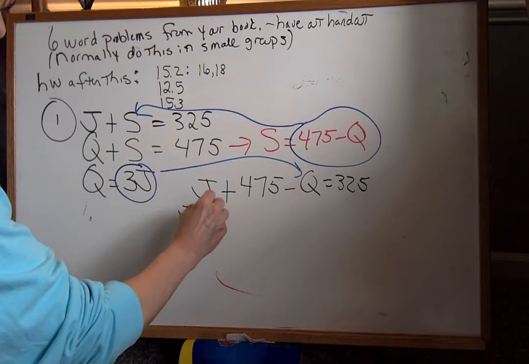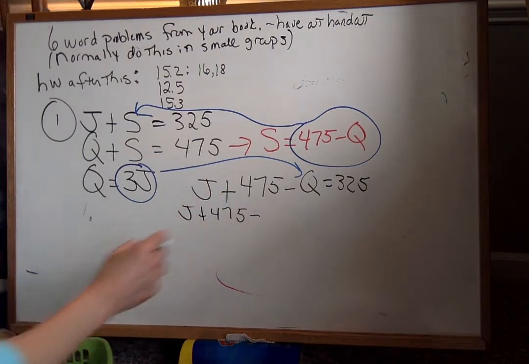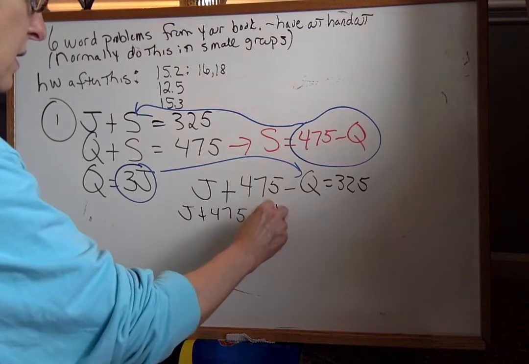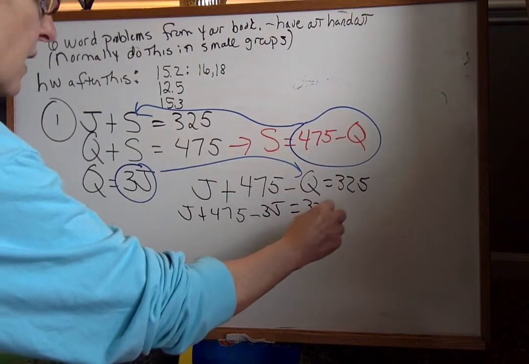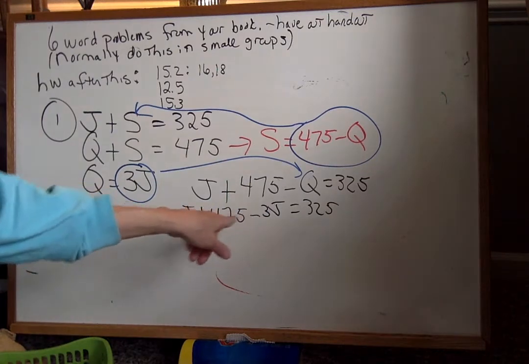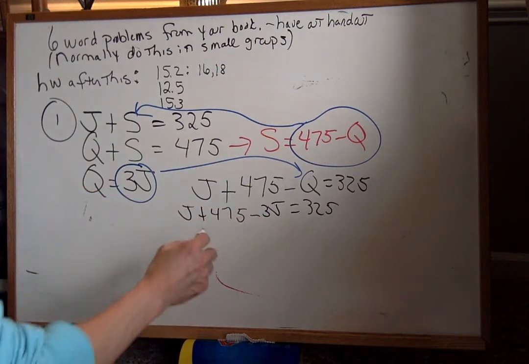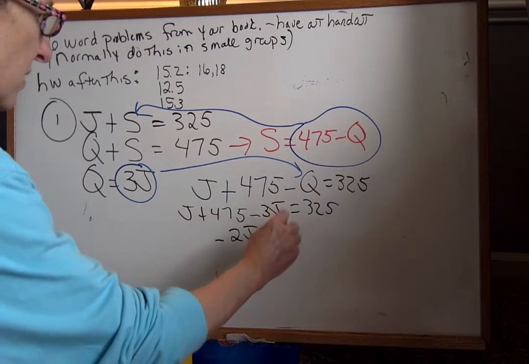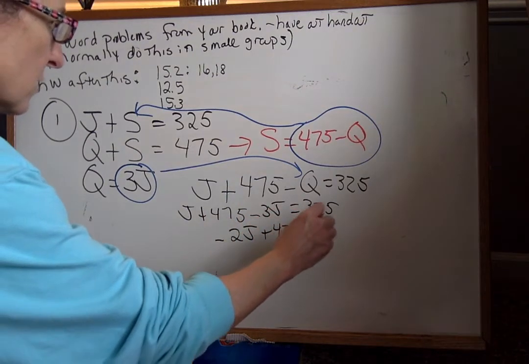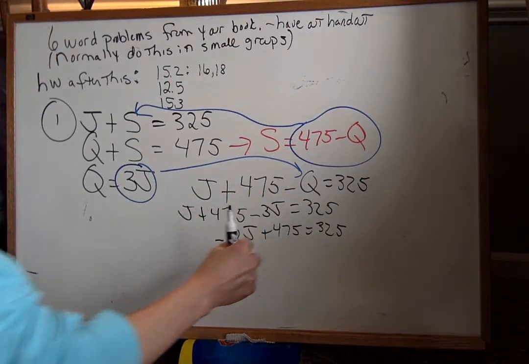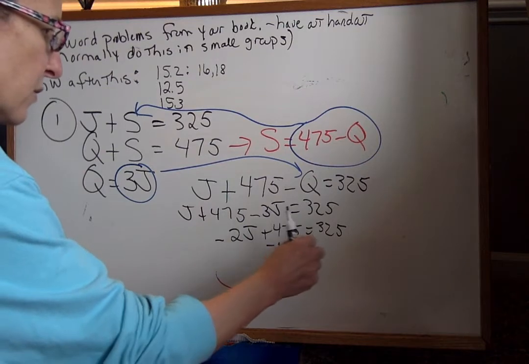J plus 475 minus Q. Well, I'm representing Q as 3J equals 325. So J minus 3J, minus 2J plus 475 equals 325. I can subtract 475 from both sides.